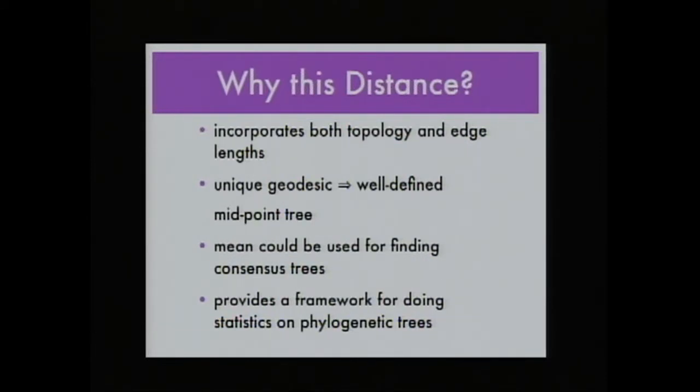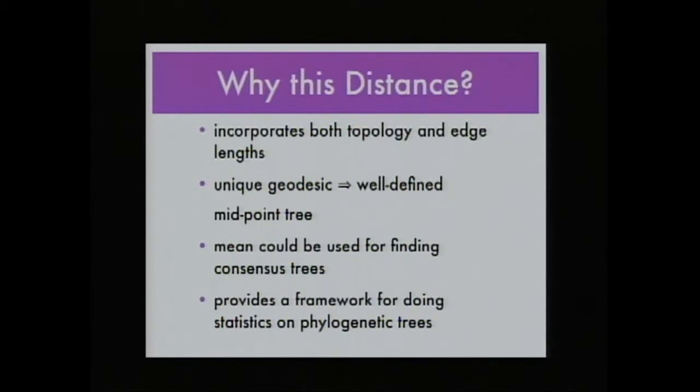We're going to see that we can actually compute mean trees on this space, which could be used to find some kind of consensus tree, a species tree if we had a bunch of gene trees, perhaps. This framework would hopefully also let us do statistics on phylogenetic trees.